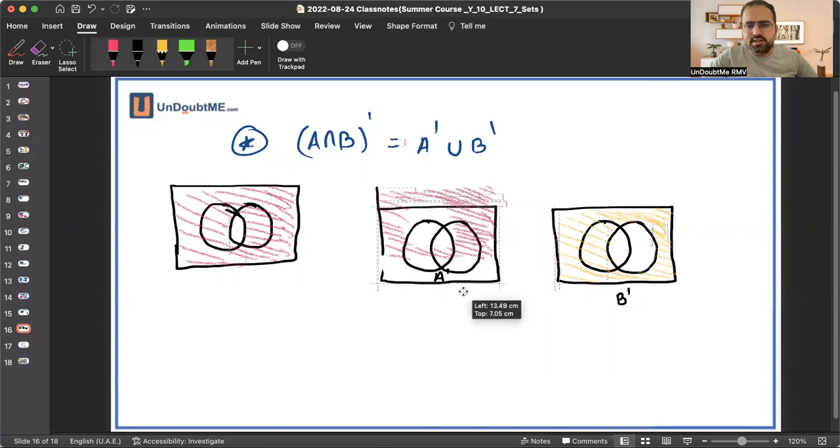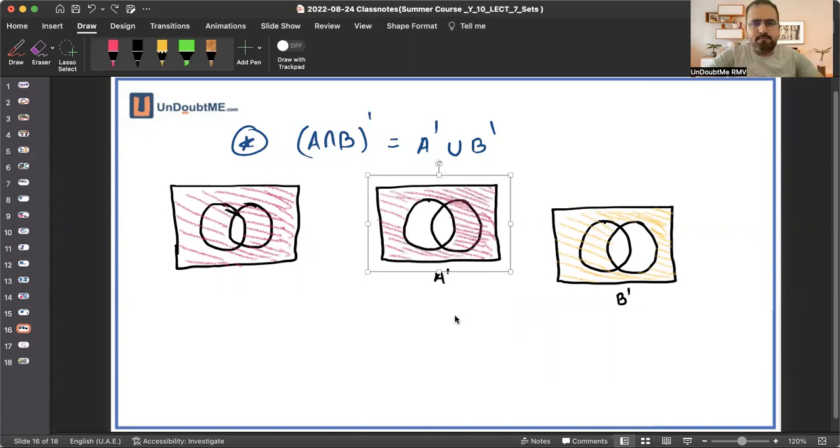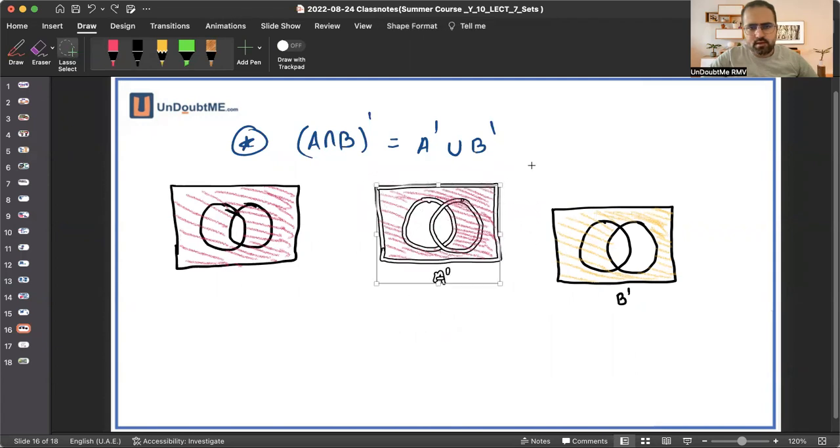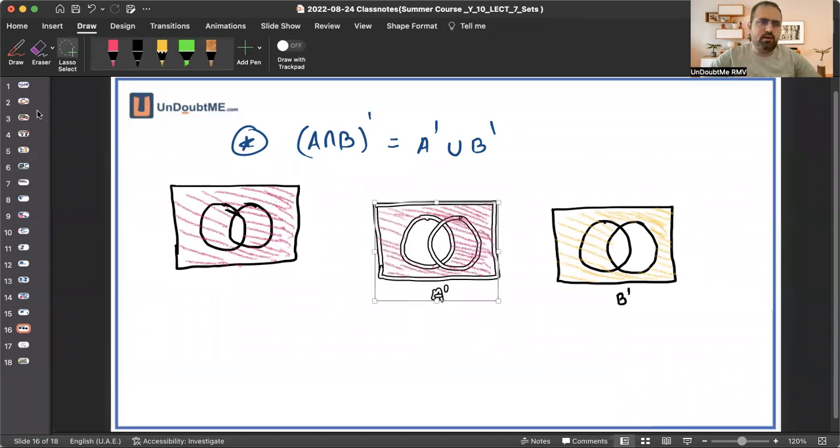Now we can play with these diagrams. Oh, this one is not working. Just a minute. Yeah, now it's working.